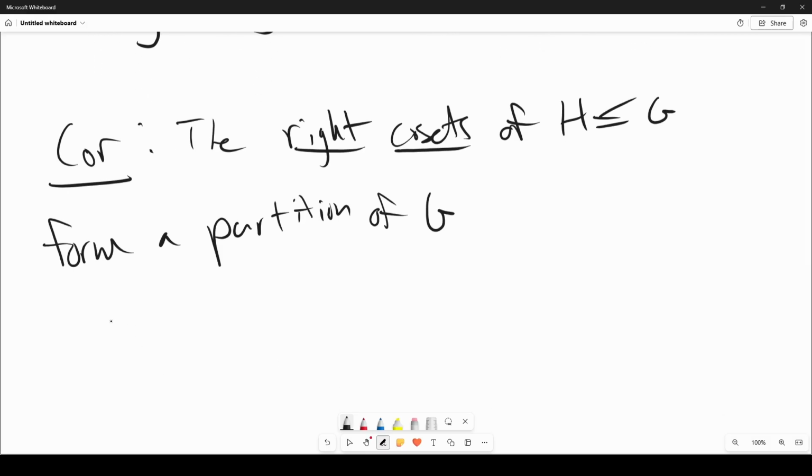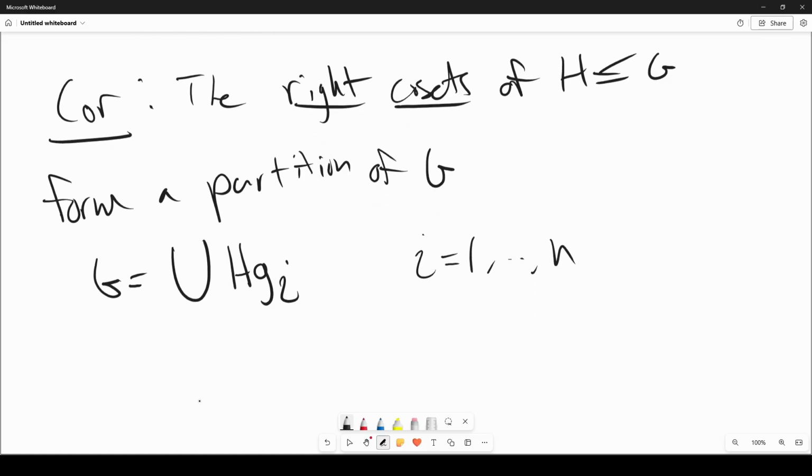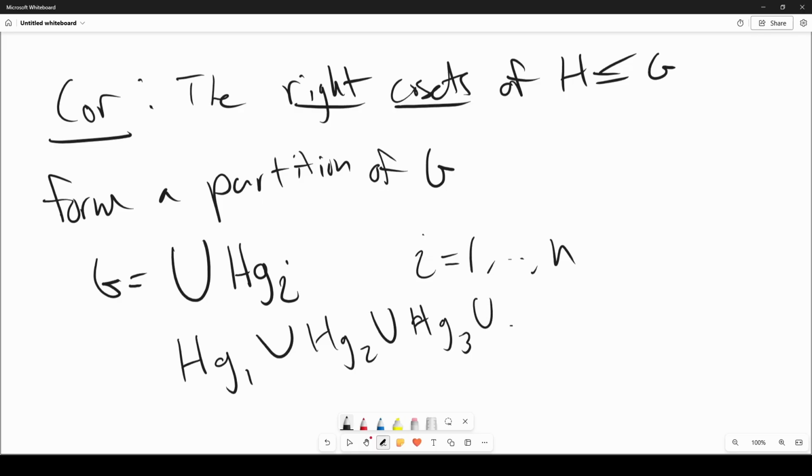In particular, G is the union of some Hgi, these right cosets, for i equals 1 to n for some n. Basically, it's Hg1 union Hg2 union Hg3 and so on up to Hgn.